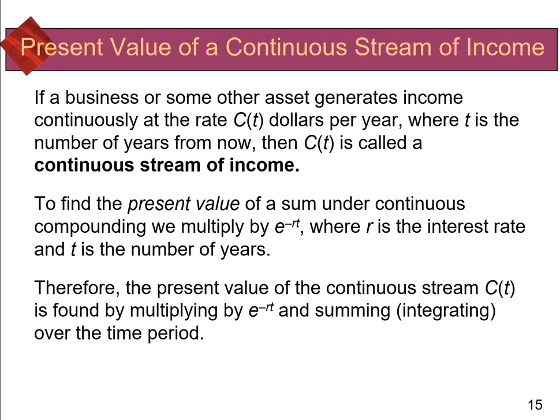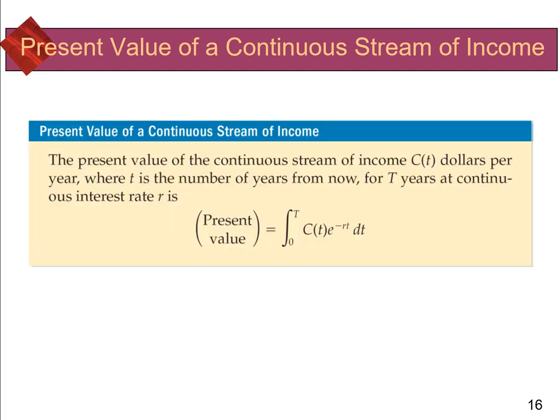To find the present value, they go through all the explanation here, but you basically follow this formula. The present value of the continuous stream of income, C of t dollars per year, where t is the number of years from now, for t years at continuous interest rate r, is given by this formula here. So essentially, you're going to do the integral from 0 to the number of years that you're looking for.